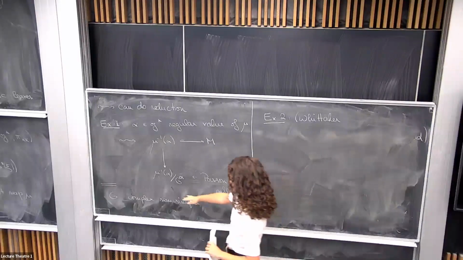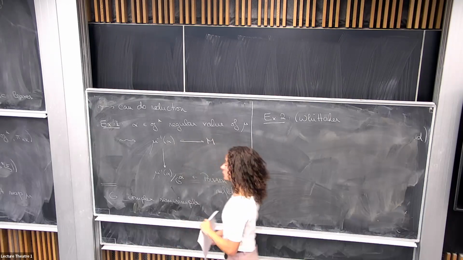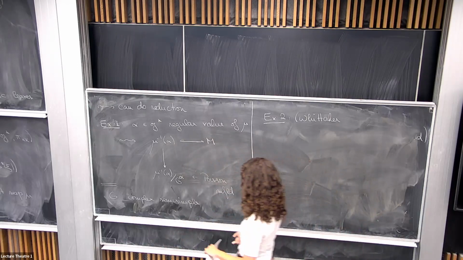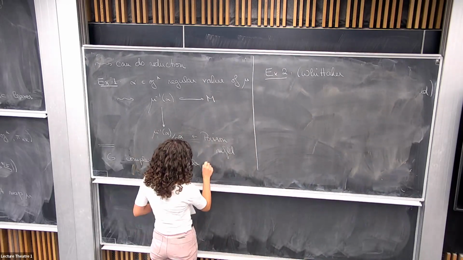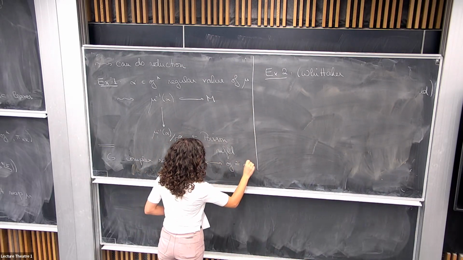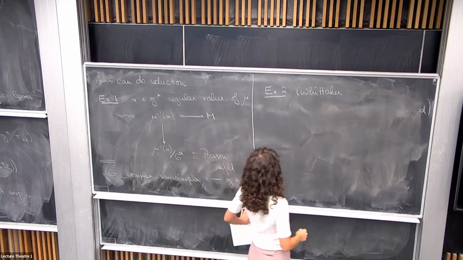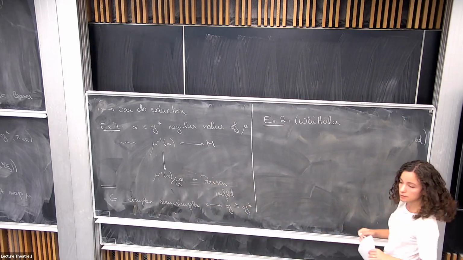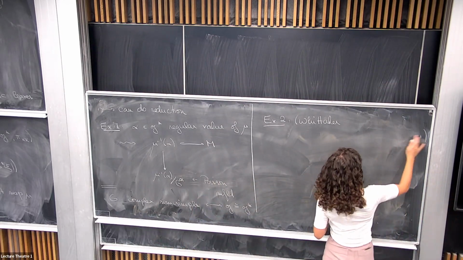I know. From now on I will need that G is semi-simple, and then I'll freely identify g with g star using the Killing form. And then example 2 that I want to talk about is what people call Whittaker reduction.